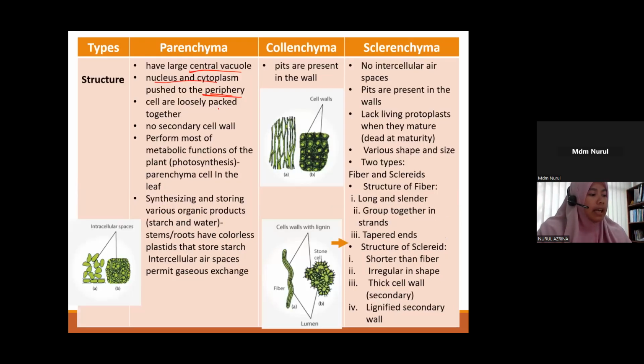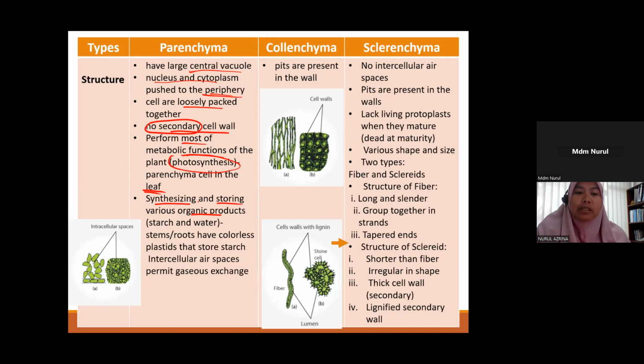Next, the cells are closely packed together, and there is no secondary cell wall. Remember, no secondary cell wall. It only has a thin primary cell wall, and it performs most of the metabolic functions of the plant, like photosynthesis in the parenchyma cells of the leaf. Some parenchyma cells synthesize and store various organic products, like starch and water.